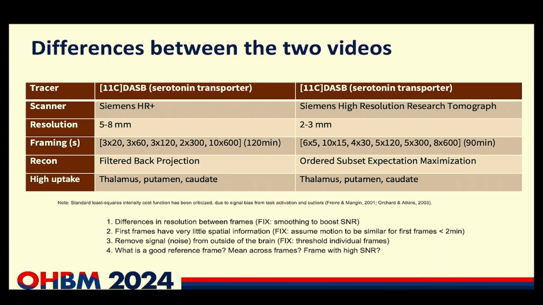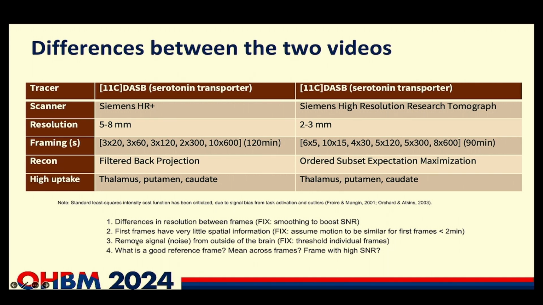After 2 minutes, you start to have signal in your brain. Then you would say, okay, from those 2 minutes, I cannot say what happened before that, but I'm assuming that there was no motion within that 2-minute time frame. Then you can do motion correction with that 2-minute time frame and apply that to all the previous frames.